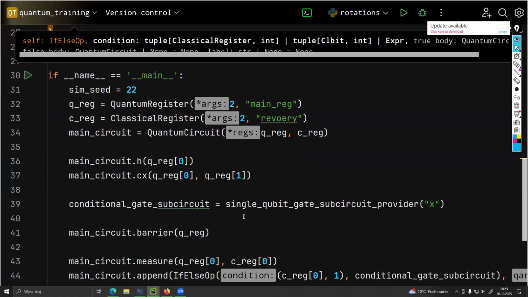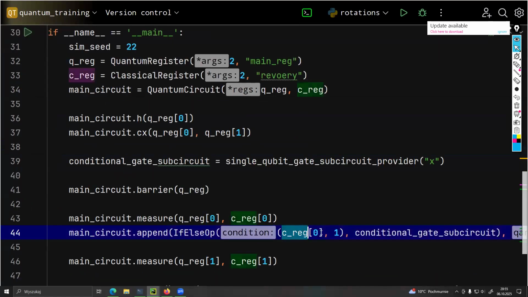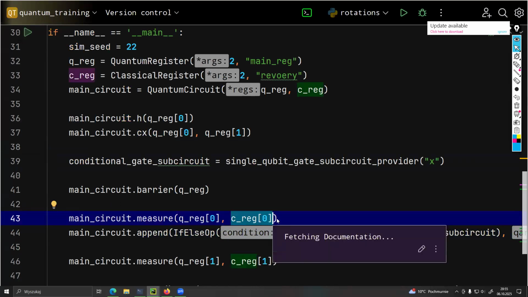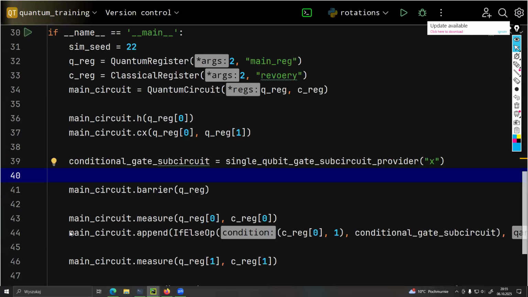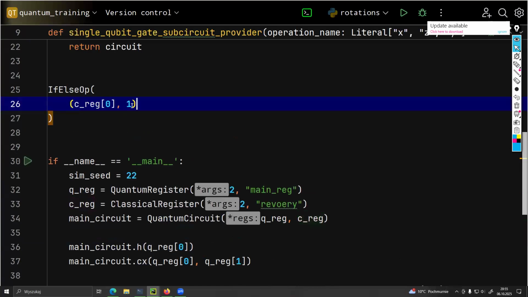For example, here I have a classical register bit 0, and after a measurement, this bit will turn into some value. Then I could append this entire instruction, and first is the condition. I say that this register bit needs to equal 1, and you have to pass this first parameter as a tuple.